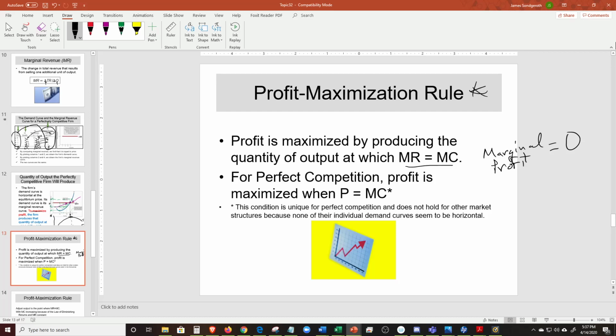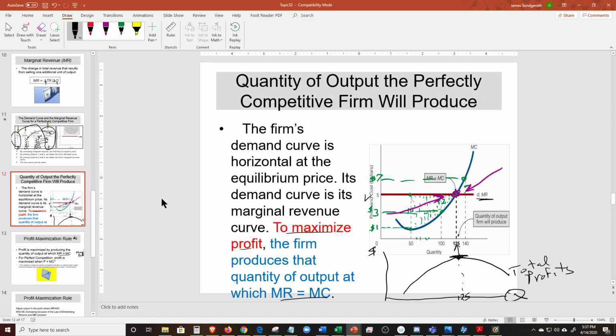I don't know how much math you guys have had. Some, I hope. But right here, if you take a look at the marginal change in profits, it's zero at its maximum.